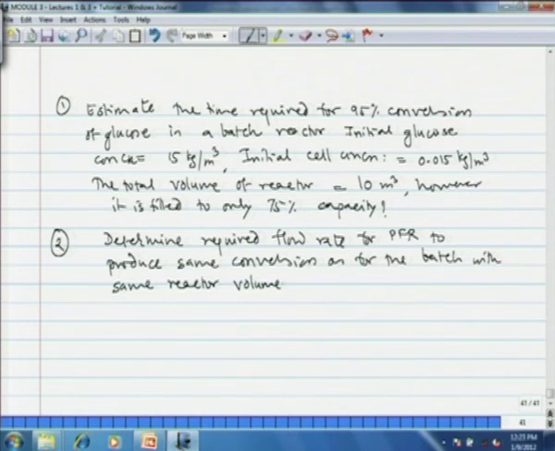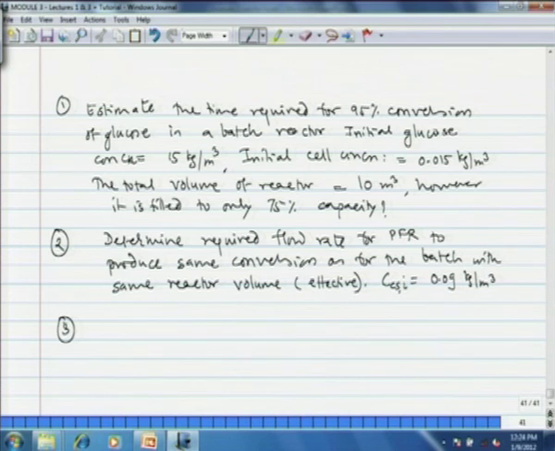So, the reactor volume is the same. I would write here in bracket effective. Why, I will tell you later. Now, here, however, the only difference is that the CS, the initial concentration of Saccharomyces cerevisiae, is not 0.015 but a bit higher, 0.09 kg per meter cube.